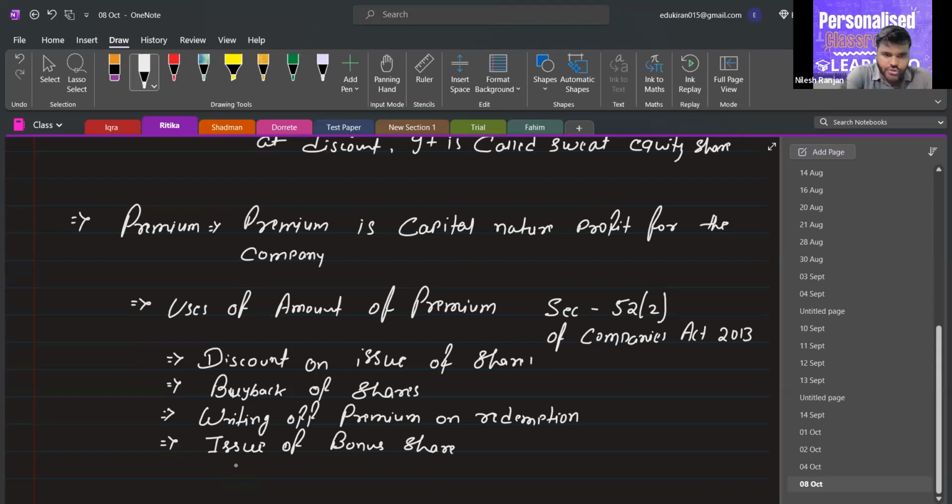So these are our capital nature expenses or losses where we can utilize our premium. Apart from these things, premium cannot be utilized anywhere else. You have to remember this line because it will come again in our class.